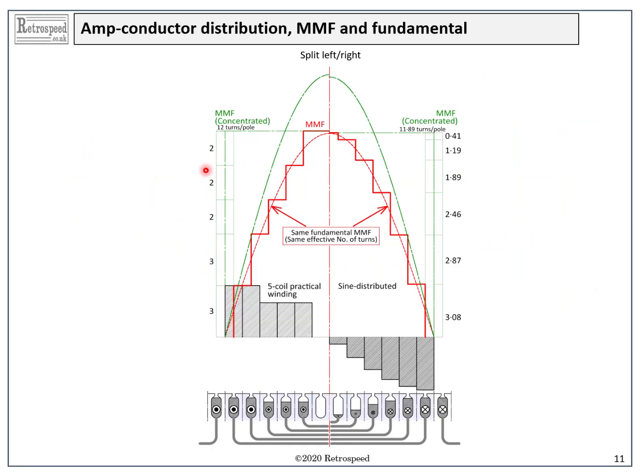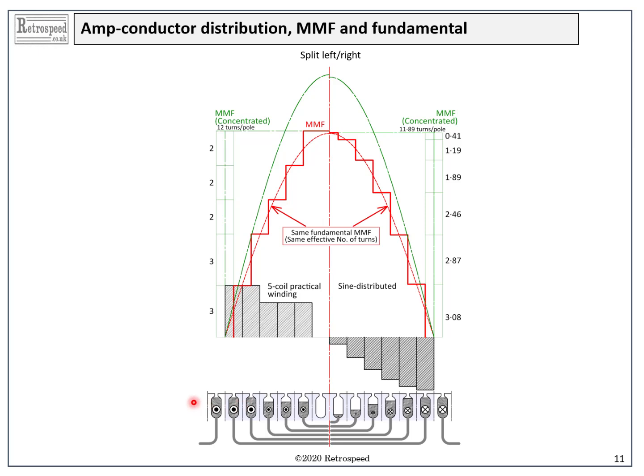Now this diagram shows the MMF distribution for the 2 windings. We're showing only half a pole for each winding: the practical 5-coil winding on the left and the sine-distributed 6-coil winding on the right.